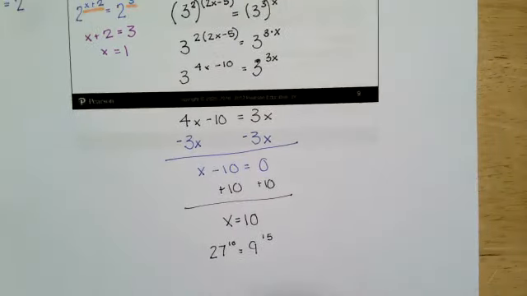All right, and here's e. e to the power of negative x squared is equal to e to the power of 5x times 1 over e to the power of 6. Good? All right, so let's simplify.